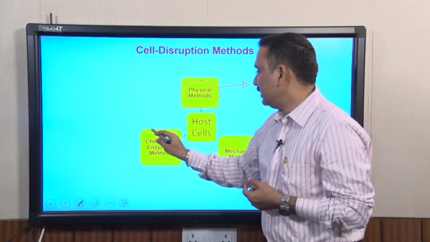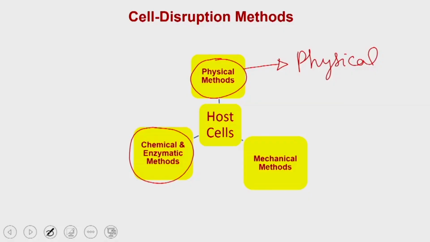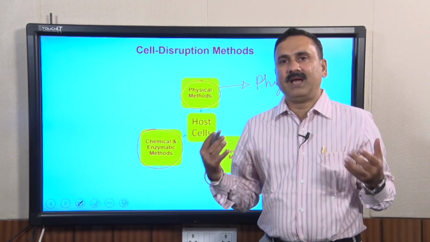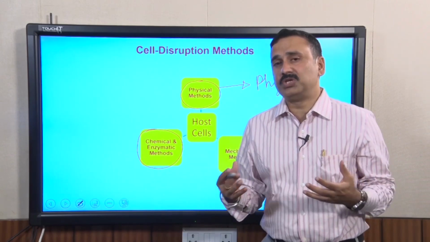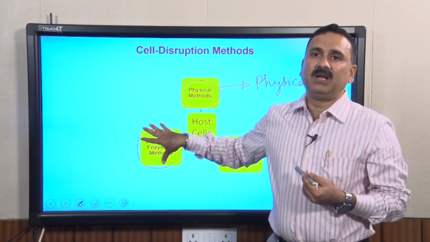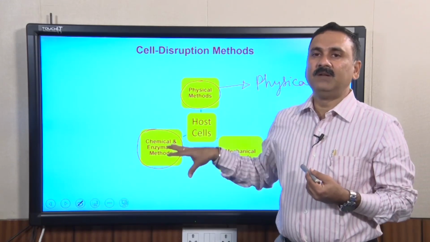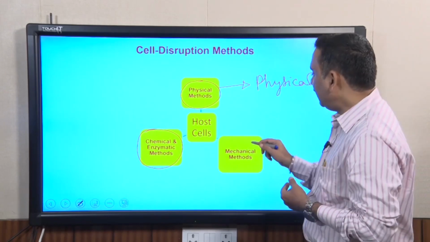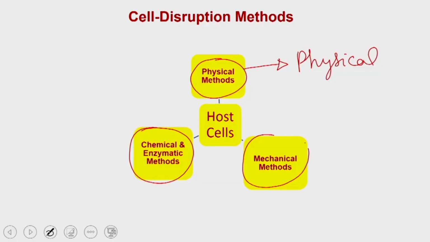Similarly, you can use the chemical or the enzymatic method. Since the host strains vary from one to another simply by having different types of chemical compositions, you can use the chemical as well as the enzymatic method to disrupt the different types of host cells. And then lastly, you have the mechanical method.